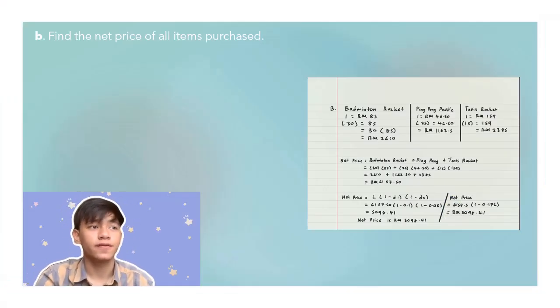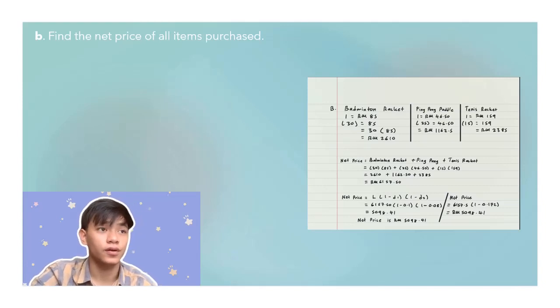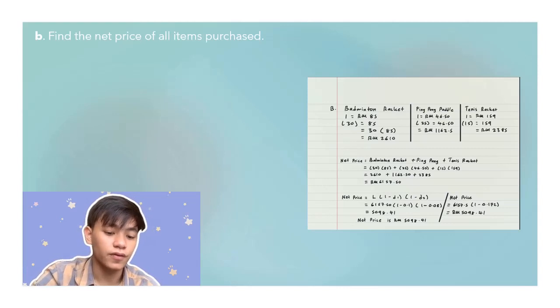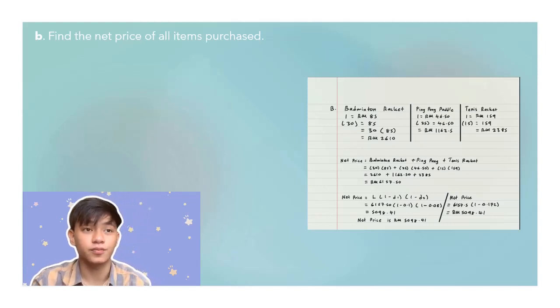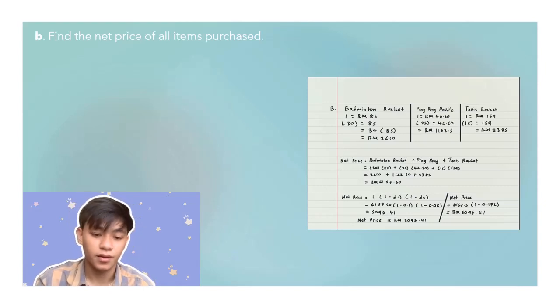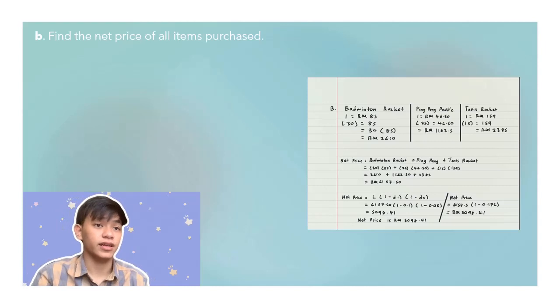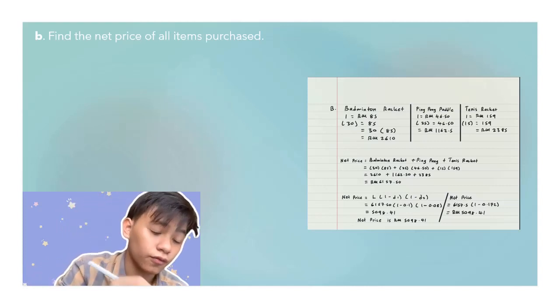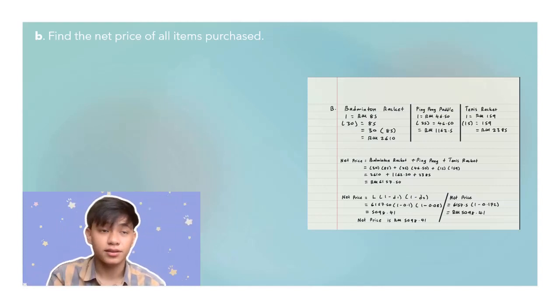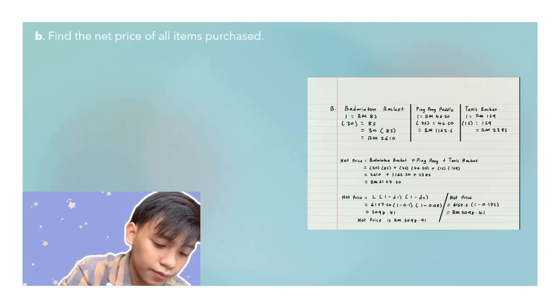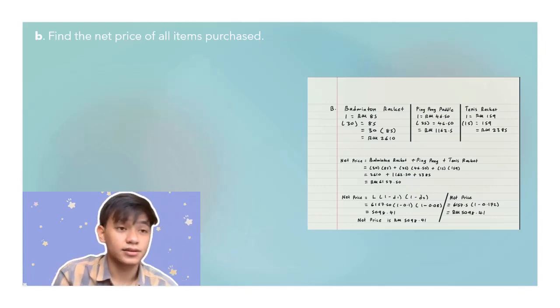Question B. Find the net price of all items purchased. Before we find the net price, we need to find the original price of each item. The first item is the badminton racket. For one unit, it's RM85.